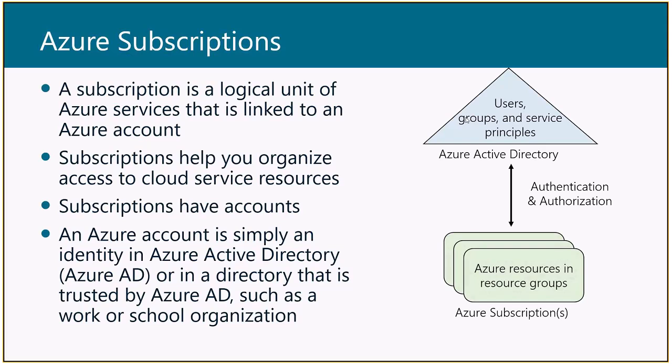Those objects are stored in Azure Active Directory in this particular demo they're showing. So in order for these users, groups, and service principals to have permission to do anything in the individual subscription, and within the subscription, the resource group and so on, this is where you're authenticating and authorizing in Azure Active Directory. So it goes both ways.